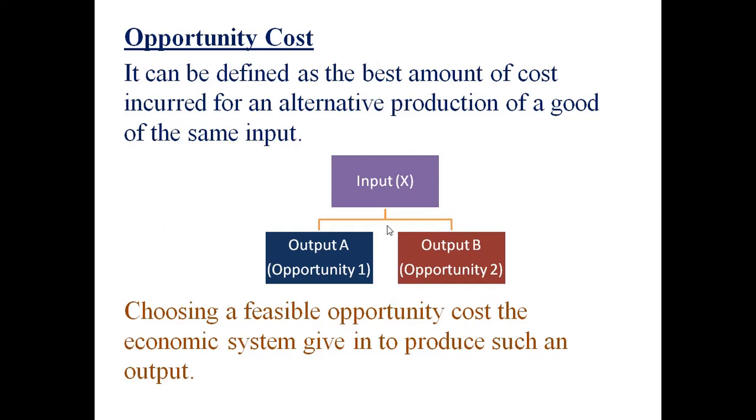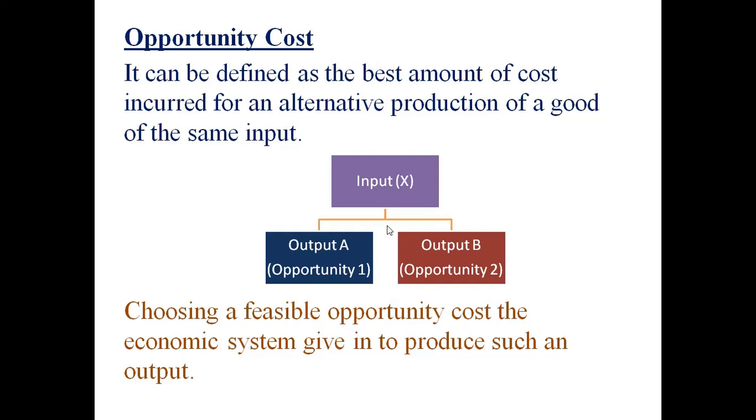The same flour that we use in our house has alternative uses. So by producing a perfect alternative, the best cost that can be incurred is known as the opportunity cost.